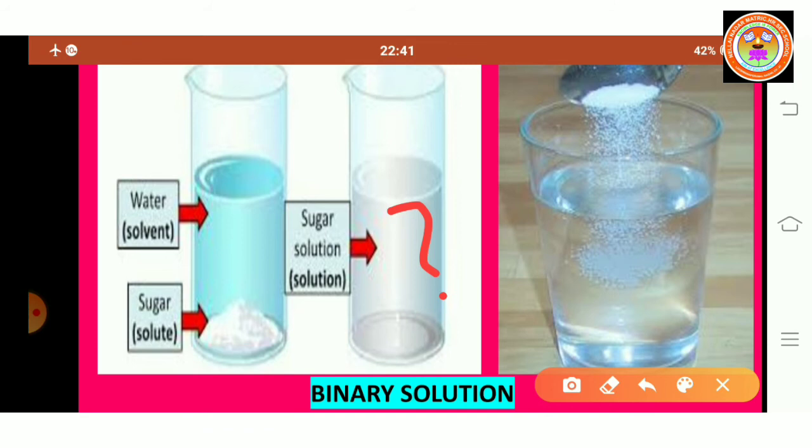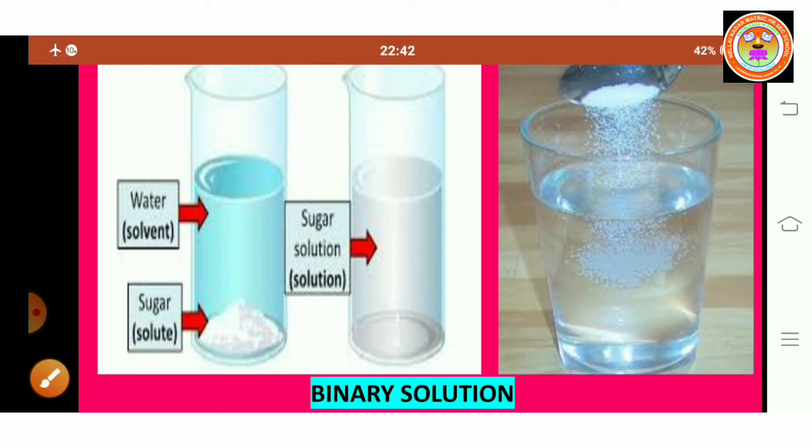So, sugar solution is an example of a binary solution. Sugar acts as solute and water acts as solvent. So, here two components are present, water and sugar. So, this is an example of a binary solution.